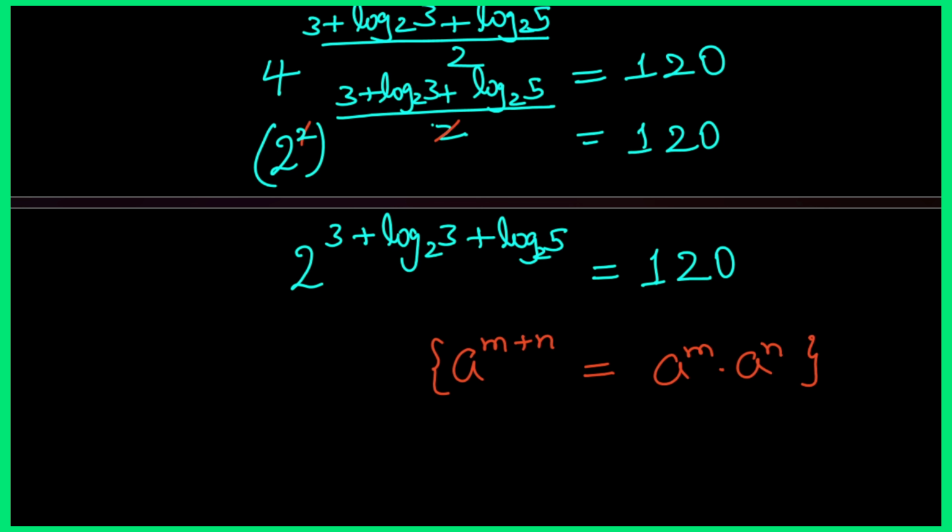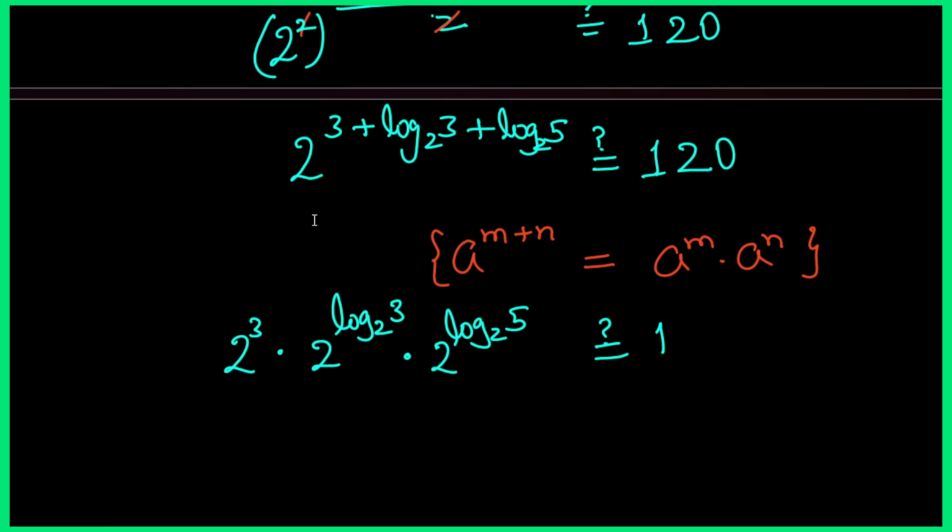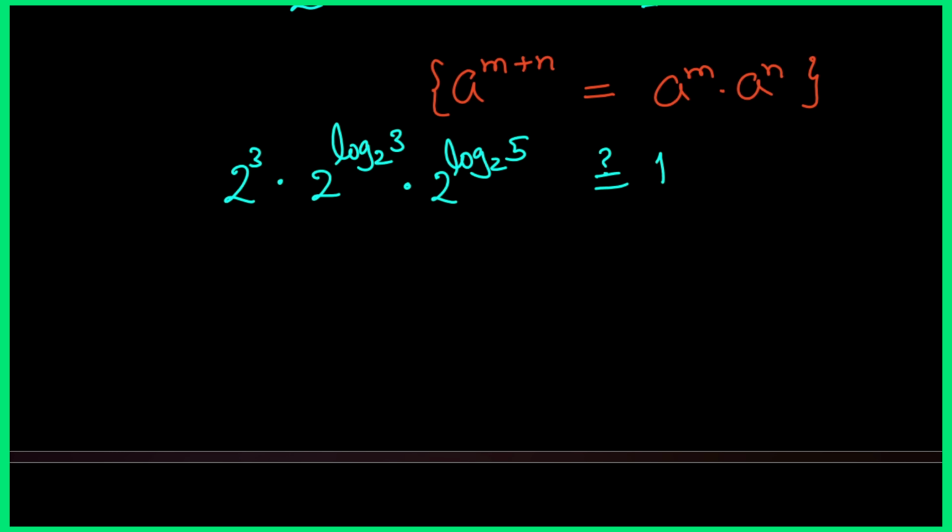So using this in the equation, it becomes 2^3 times 2 raised to power log 3 to base 2 times 2 raised to power log 5 to base 2, and is it equal to 120?